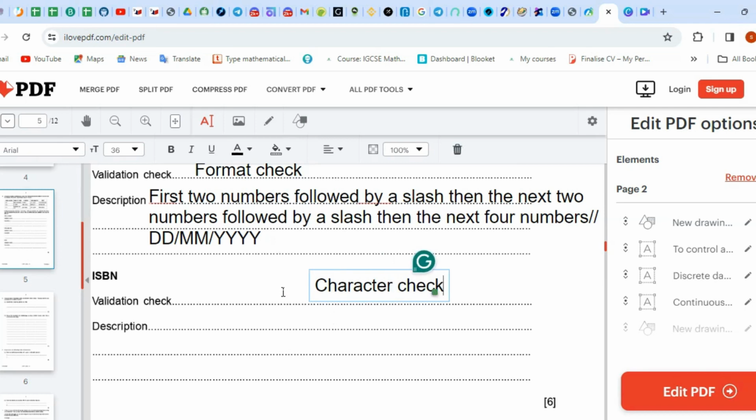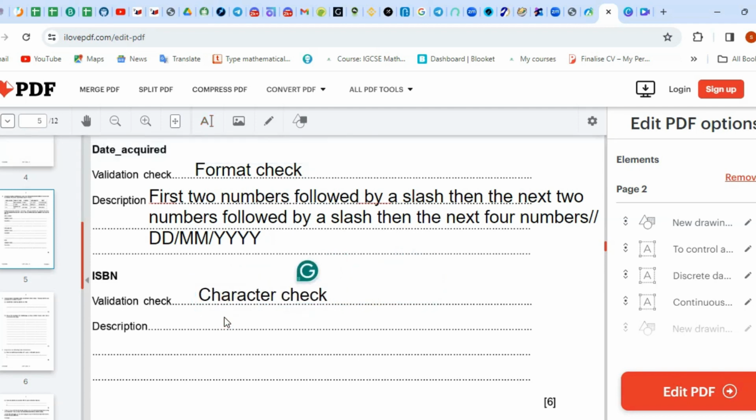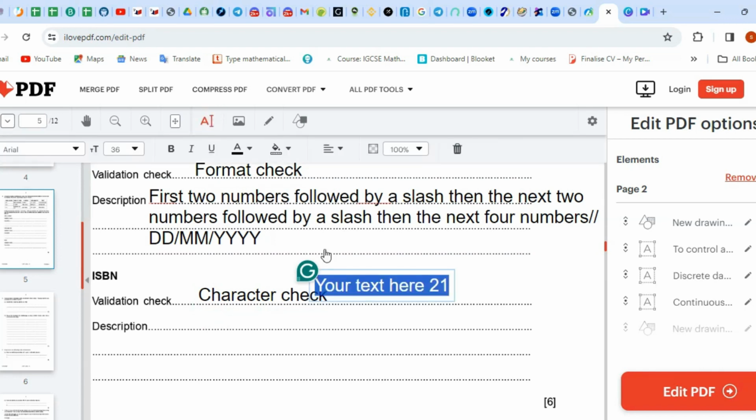So this character check, how do we describe it? What's the description of a character check? In a character check, data must be a what? An integer. That's the description. Data must be an integer.